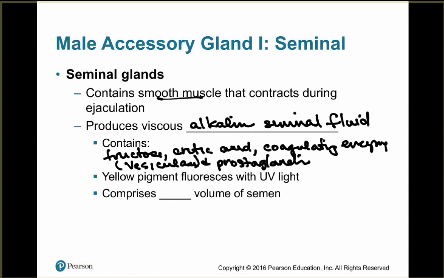Now, when they're doing CSI television and they're trying to figure out if there's blood or different kinds of fluids on things, sometimes they light up by UV light, and there's basically yellow pigment within it that fluoresces with UV light, and that's how they can pick it up. And it comes from the seminal gland. Basically, this comprises about 70% of the volume of the semen. And if you remember, the seminal gland joins the ductus deferens or vas deferens to form the ejaculatory duct. So this is the seminal gland.